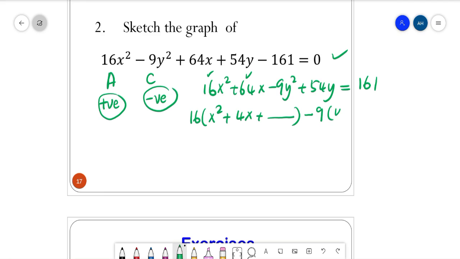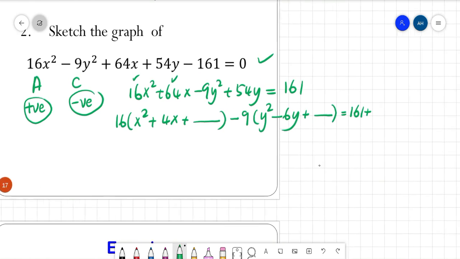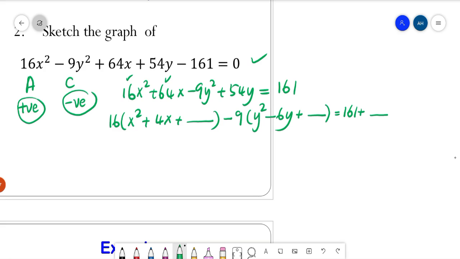What's left is y squared minus 6y in the bracket, since 9 times 6 is 54, plus another number there. Equal to 161 plus the same numbers added to the right hand side. Now the question is, what number goes in this blank space, and what number should we write in this other blank space?